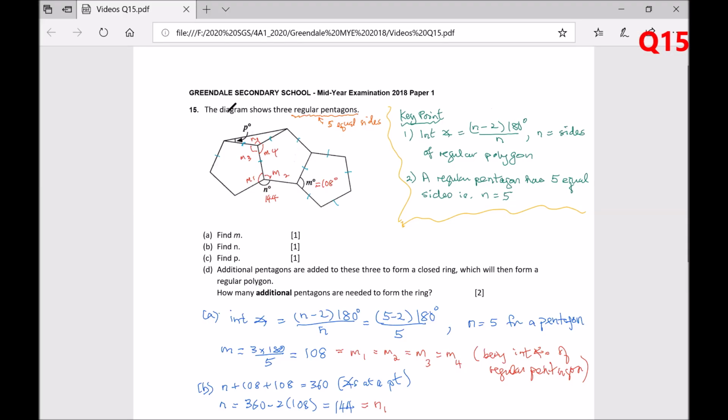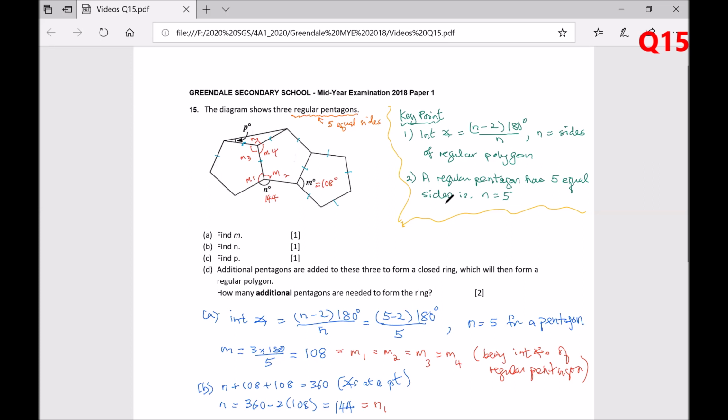In this question, 3 regular pentagons are given as shown in the diagram. Before we proceed, let's visit some key points. Interior angle of a regular polygon of n sides is equal to (n minus 2) times 180 over n.